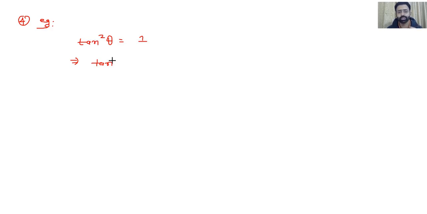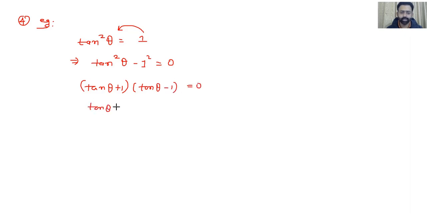How you will find these 2 solutions is you transfer this 1 to the left hand side and write tan square theta minus 1 square equal to 0. Apply the formula of a square minus b square, which is a plus b and a minus b. So tan theta plus 1 and tan theta minus 1 equal to 0. So tan theta you will get as plus minus 1.